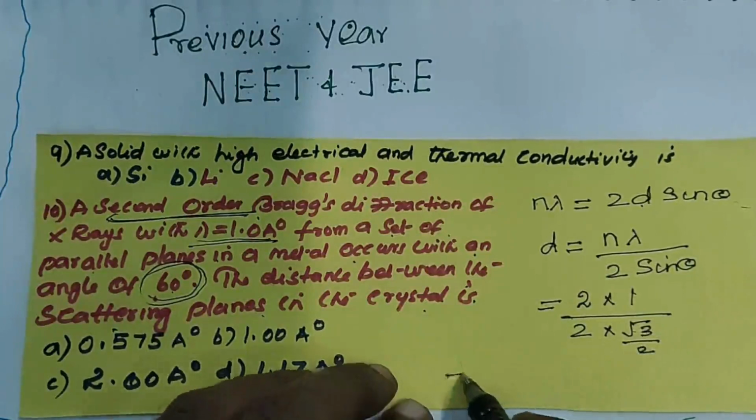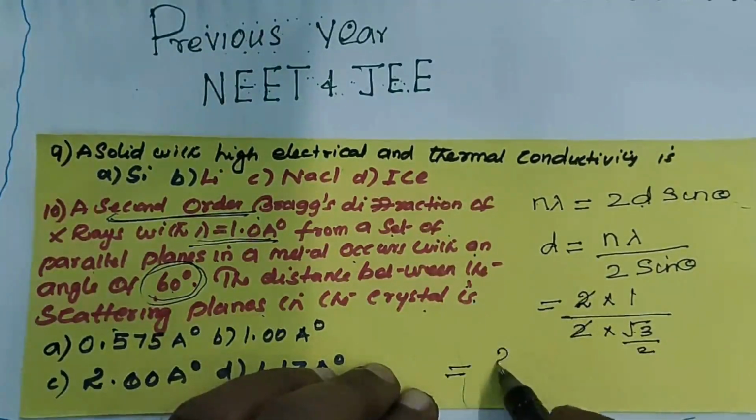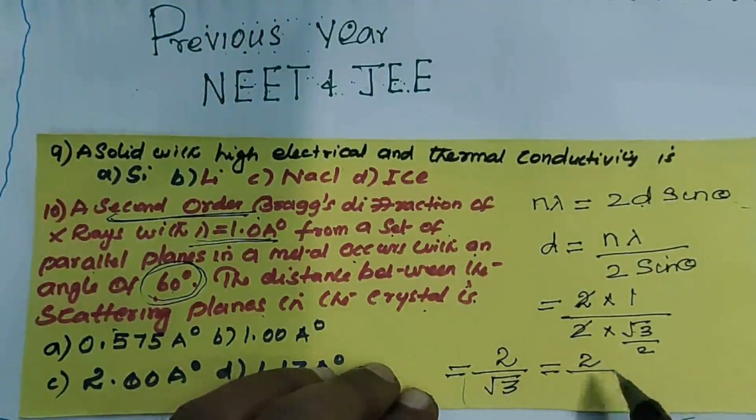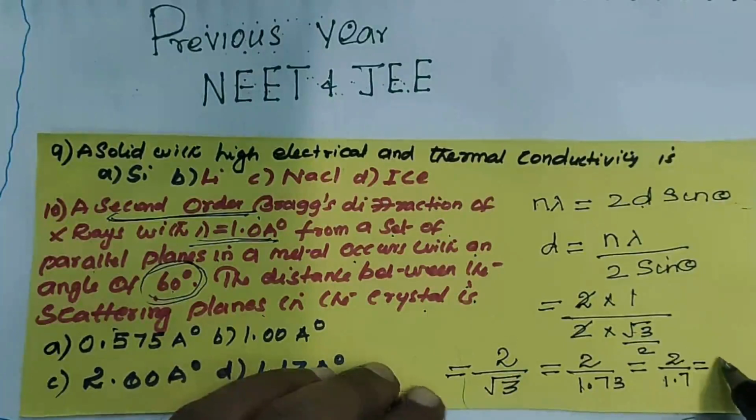The 2 gets cancelled, so 2 by root 3. So 2 divided by root 3, that is 1.73. Instead of 1.73, 1.7 is taken, multiplied by 10 to get whole numbers.